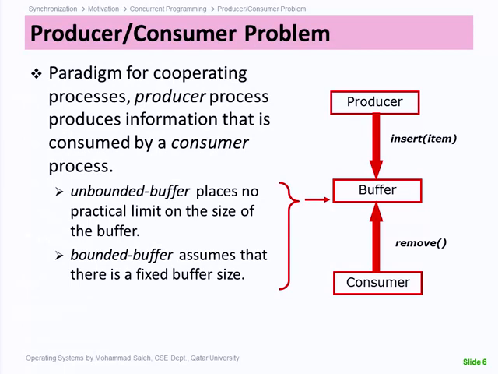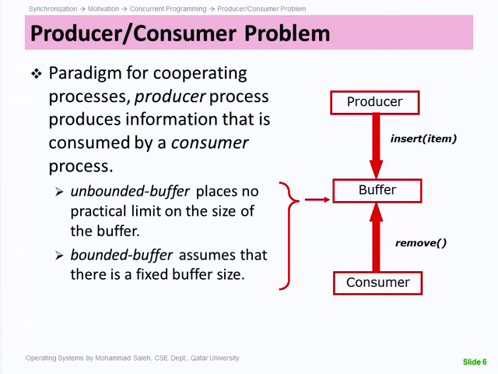The production and consumption of items use a buffer that both of them share. The producer produces an item and inserts it in the buffer, and the consumer consumes an item from the buffer. There are also constraints: if the buffer is full, the producer is blocked and cannot insert, and if the buffer is empty, the consumer is blocked and cannot remove.